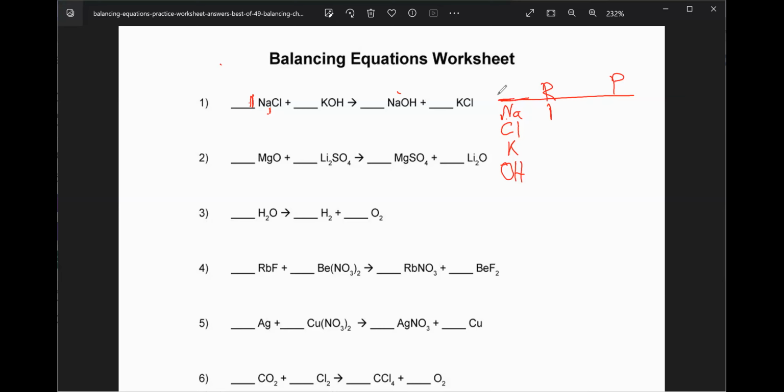I don't need anything. I just want to balance the number of atoms. So I see here, I don't know if we have to stop and explain how to read it. Okay, so we have sodium.